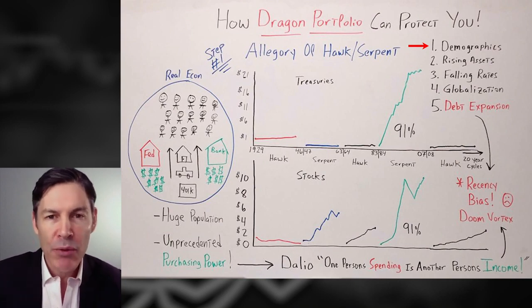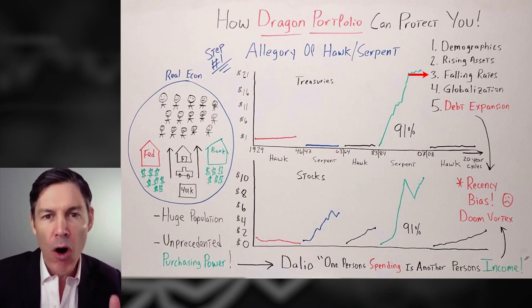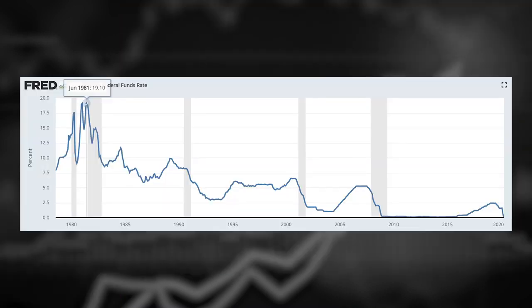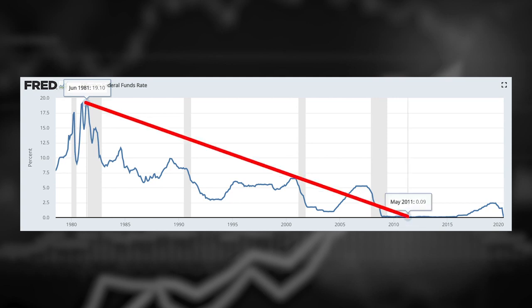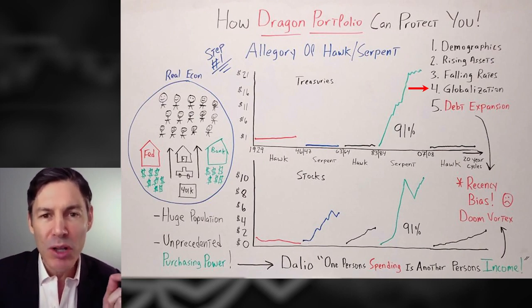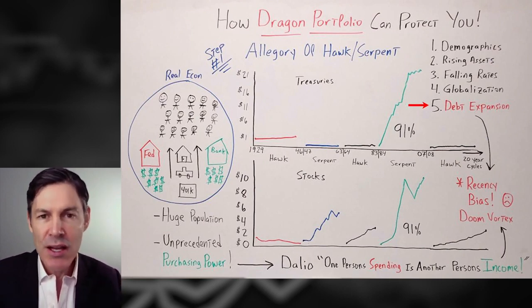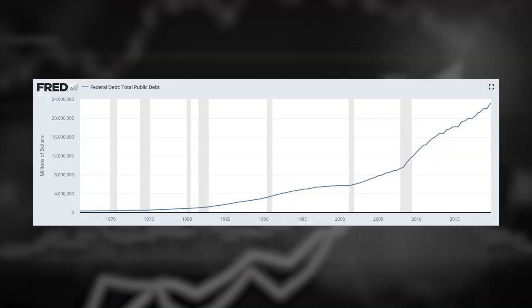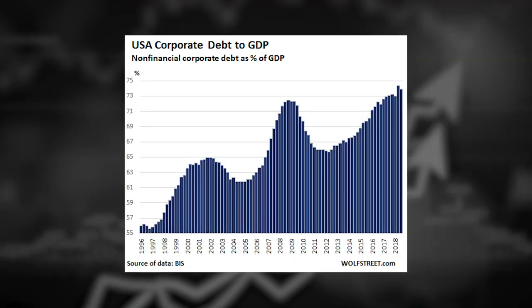You combine that with a dramatic cycle of falling interest rates the entire time, going from almost 20% all the way down to 0%. This creates an environment of continually rising asset prices. Next, we had globalization, which kept consumer prices low, and an explosion of debt. Not only government debt, but corporate debt and consumer debt.